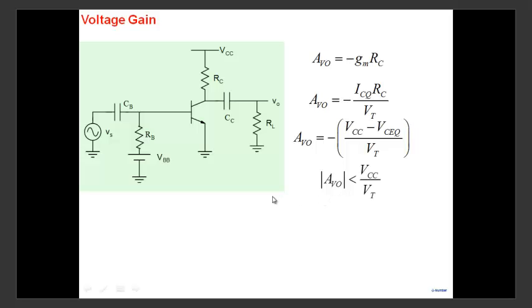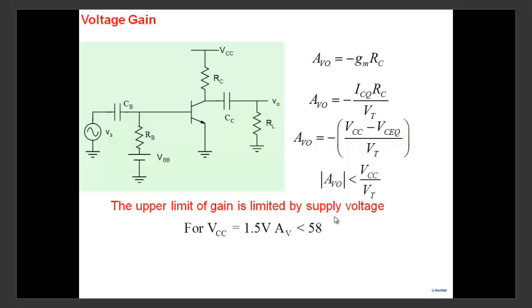It depends on temperature. At least in the basic common emitter amplifier circuit like this, the highest gain has no dependence on beta, just on the supply voltage and the thermal voltage. A different amplifier circuit may have different issues.